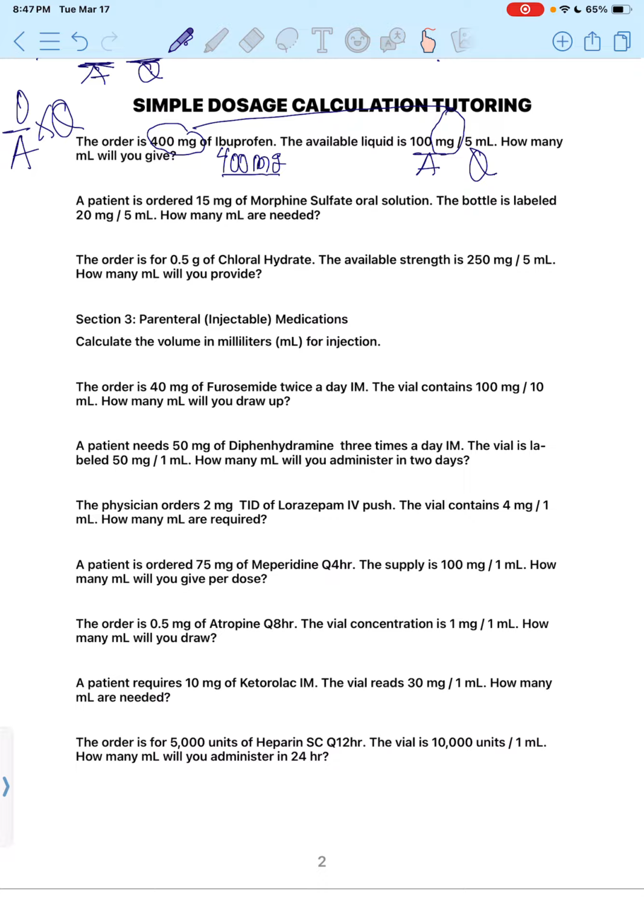Divided by my available, which is 100 milligram. Now I'm going to multiply that by quantity, which is 5 milliliter. Easy. Those are easy stuff. When you do 400 divided by 100, it gives you 4, times 5, you will have 20 milliliter.